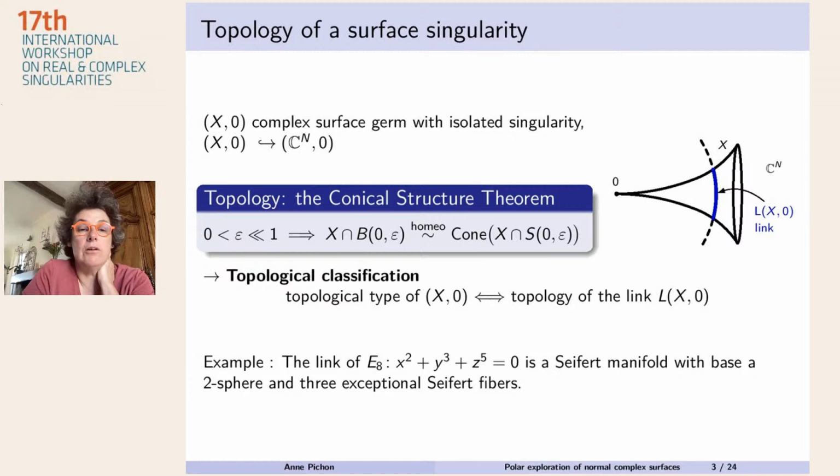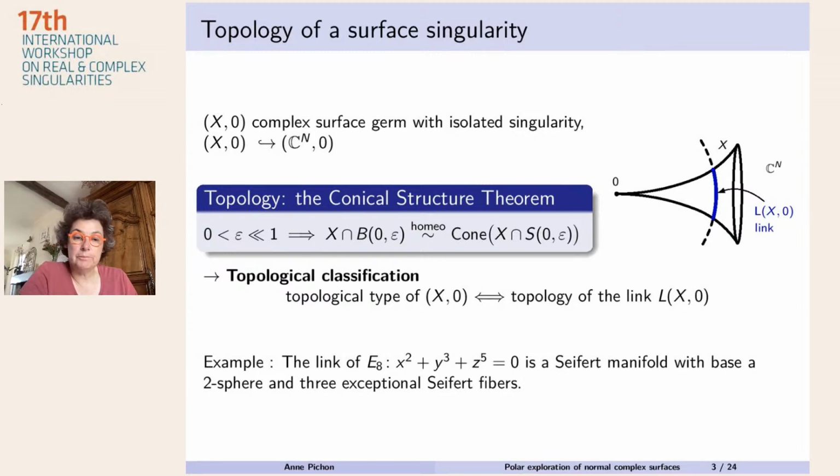And the very classical conical structure theorem tells you that when ε is sufficiently small, then the intersection of X with the ball of radius ε is homeomorphic to the cone over the link of X. In other words, in order to understand a neighborhood of the origin in X up to local homeomorphism, you simply have to understand the topology of the link of X0, okay?